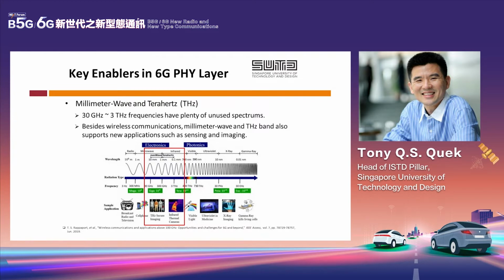But what is distinctive from 5G is that as we move up to the higher band, besides communications, you can use this millimeter wave or terahertz band for more than just communications. It will have sensing capability, imaging capability, which means that now the channel becomes more informative, and there's a structure that allows you to exploit this additional capability, which is the focus of this talk today.